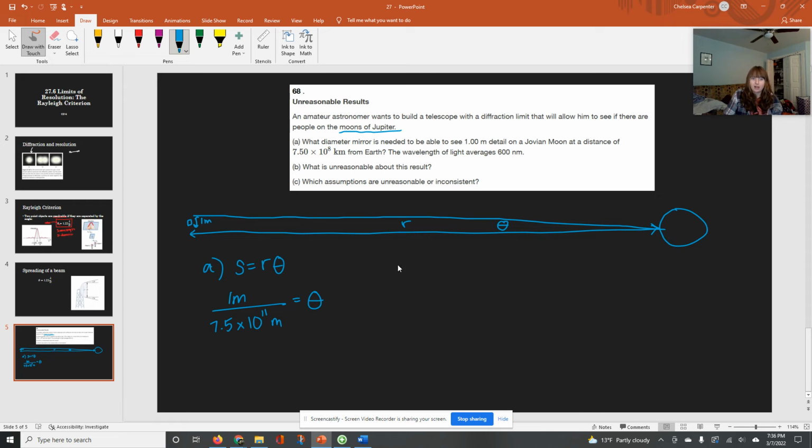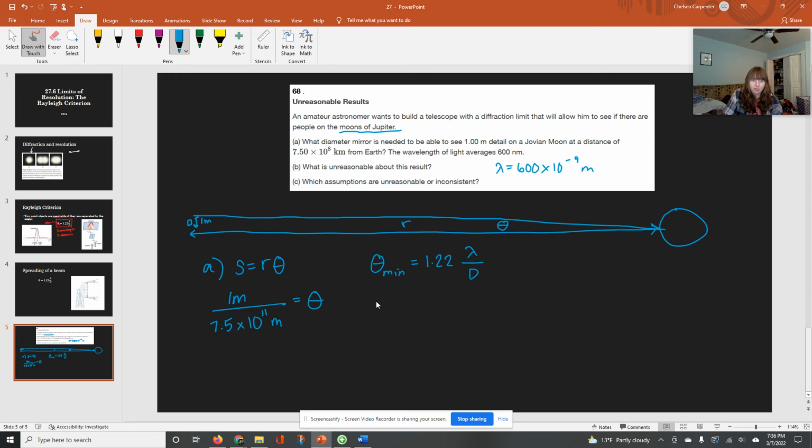Sweet. And then our next step is to use that equation. Minimum angle is equal to 1.22 times wavelength over diameter. In this case, it's the diameter of our mirror, where lambda is our average wavelength, 600 nanometers, so that's 600 times 10 to the negative 9th meters.